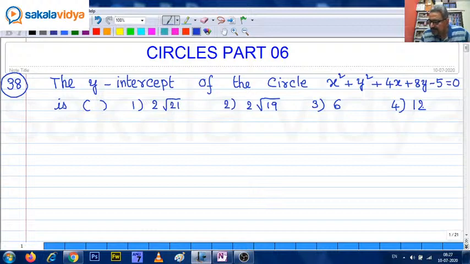That means the intercept made by the circle on the y-axis we need to find out.